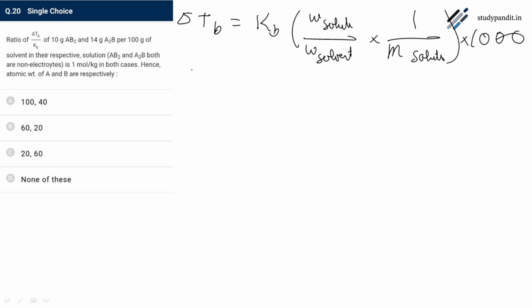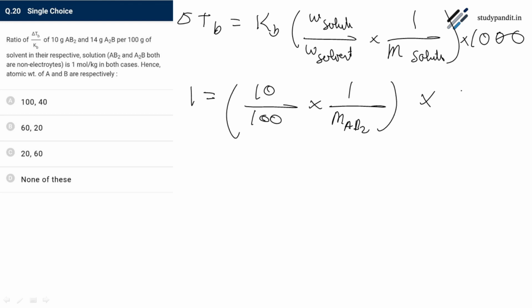So, delta Tb by Kb's ratio is given as 1. So, 1 is equal to 10 upon 100 into 1 by MAB2 into 1000. So, MAB2 is equal to 100.